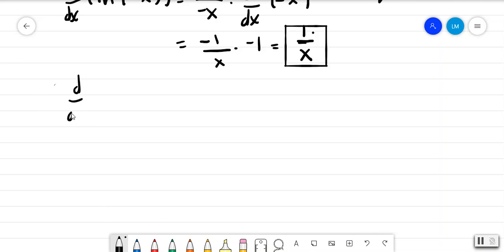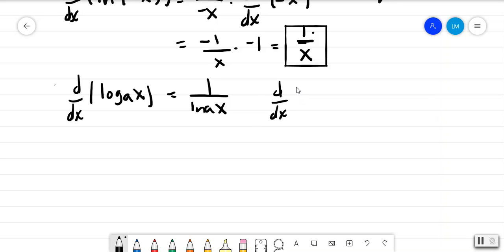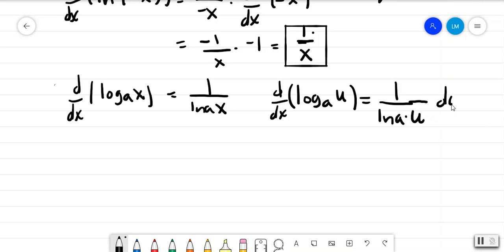The derivative of log base a of x is equal to 1 over ln of a times x. But we should know that if it was a chain rule, like log base a of u, it's going to be 1 divided by ln of a multiplied by u, but then you have to multiply by du dx because of chain rule.